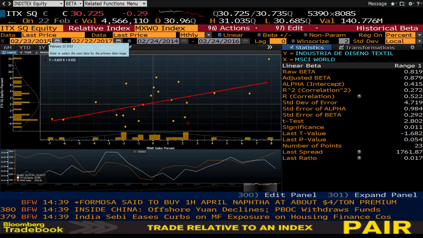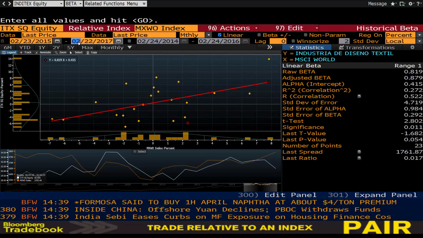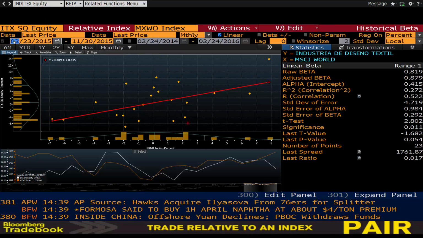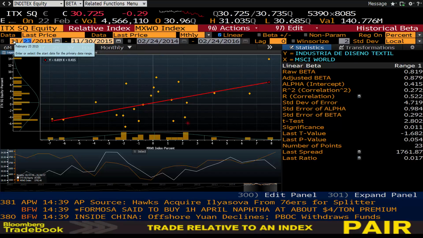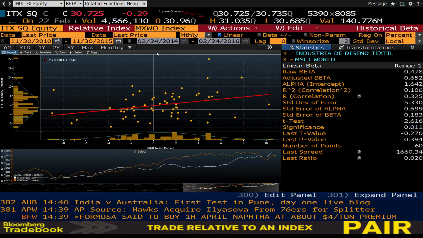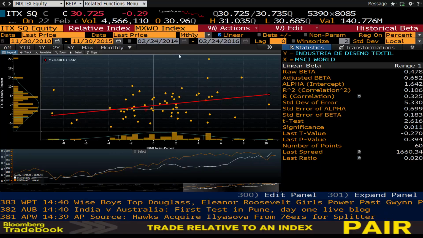My 5-year period is going to end on November 30th, 2015. And because I want 5 years' worth of data, I'm going to put 11/30/2010 as my beginning date. Press enter, and it should all be re-estimated for us automatically.